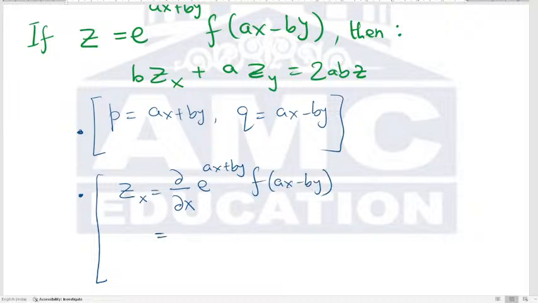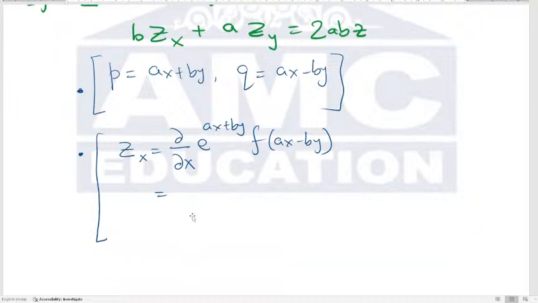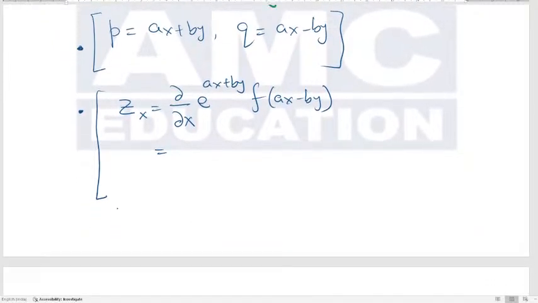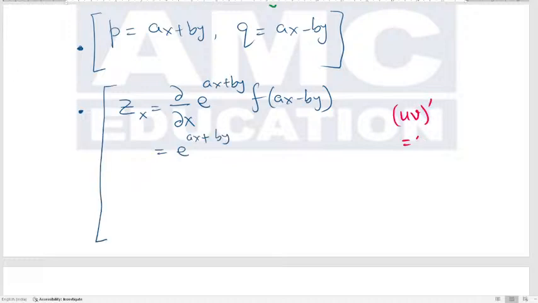Look at differentiation of uv: it is u multiplied by the differentiation of v plus the differentiation of u multiplied by v. Correct? That's the product rule.